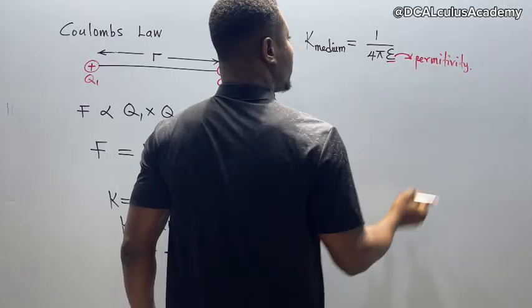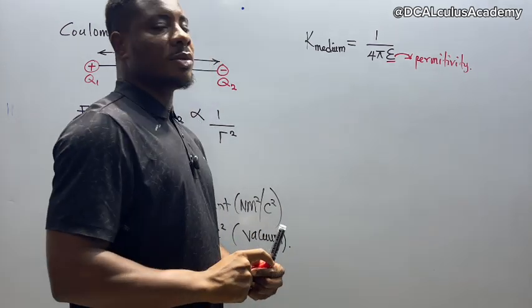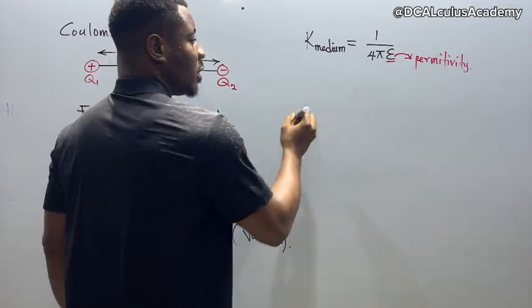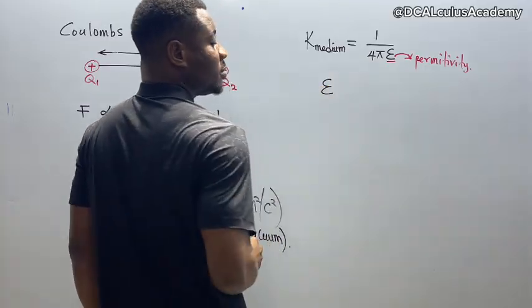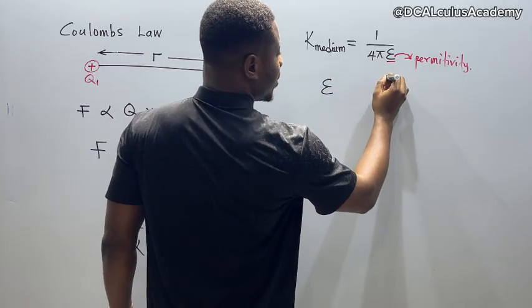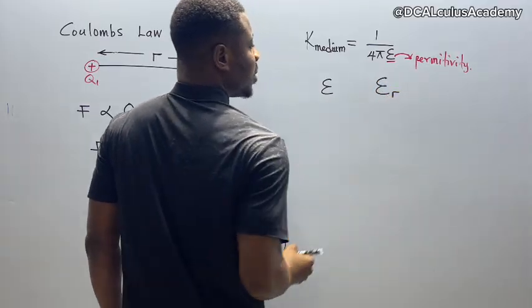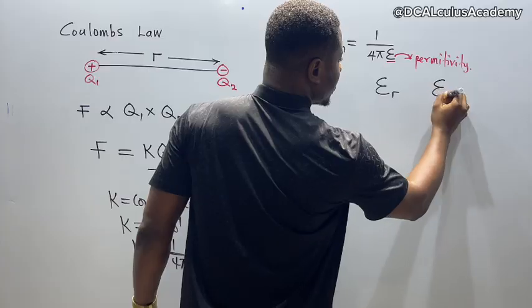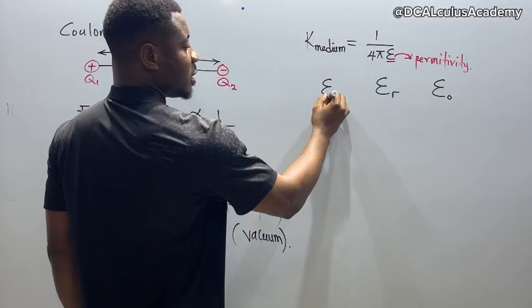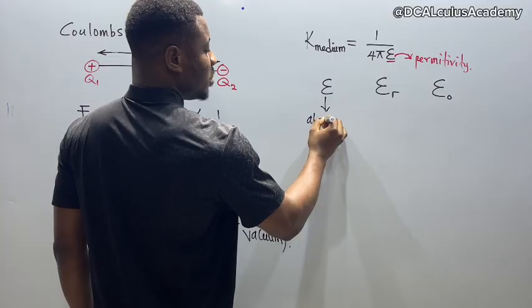Now, we could have three types of permittivity. The first one is called absolute permittivity, we have relative permittivity, and we have permittivity of free space. Epsilon, don't forget, is called absolute permittivity.